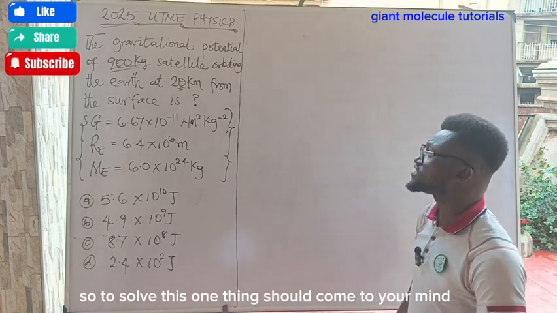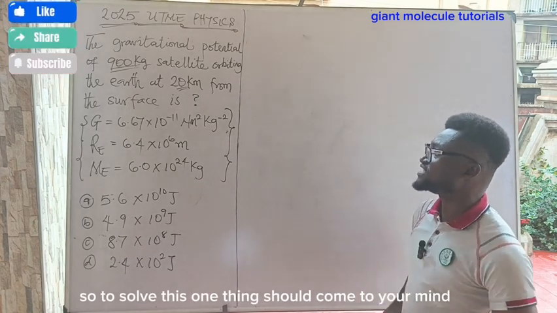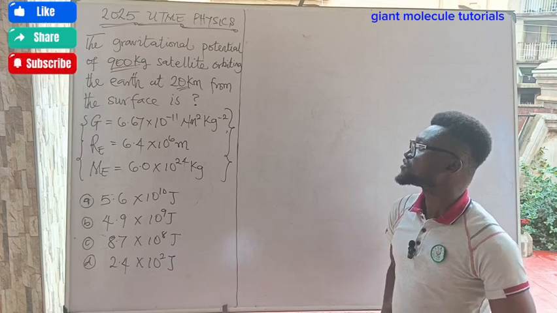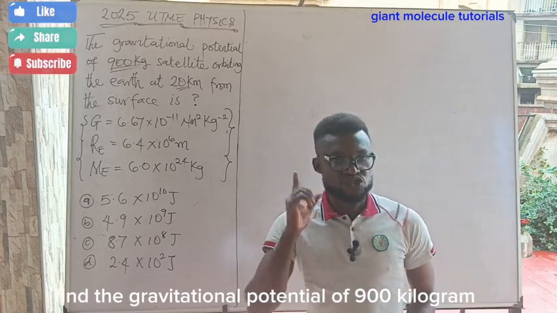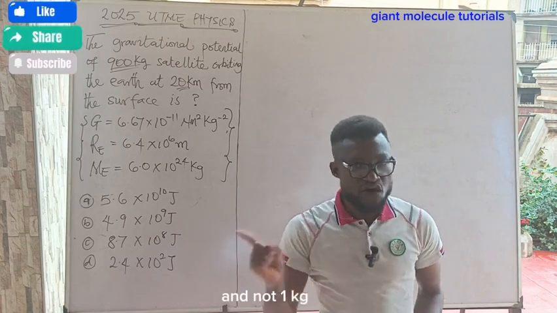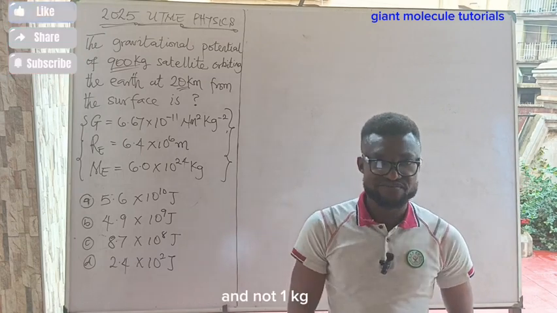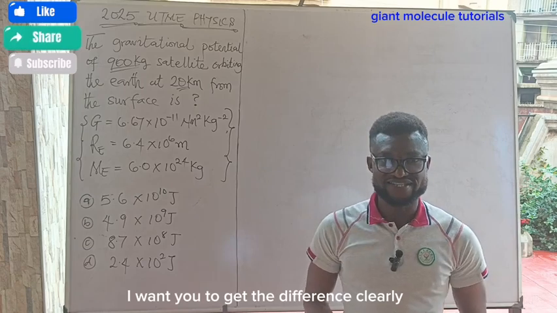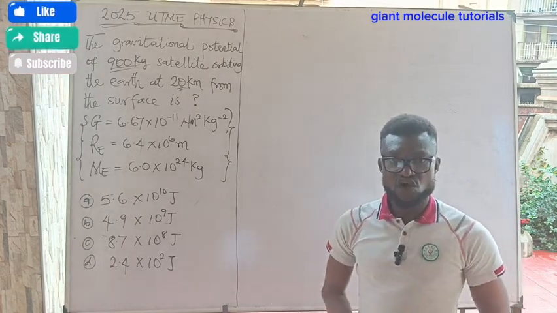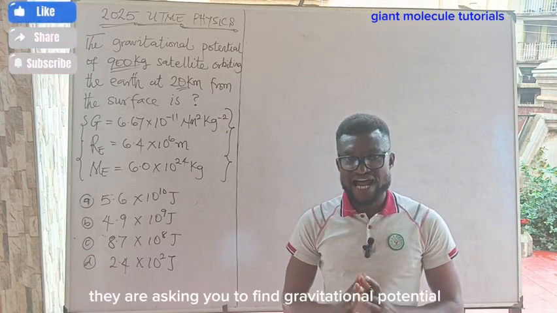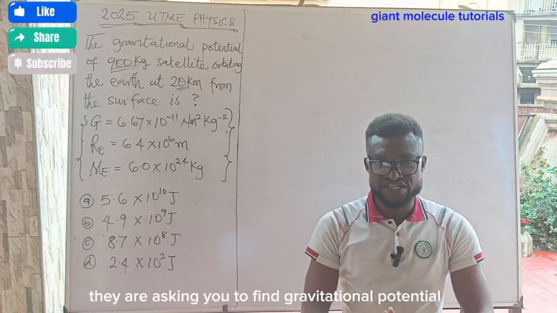So to solve this, one thing should come to your mind is the question that was asked. The question says, find the gravitational potential of 900 kilogram and not 1 kilogram. I want you to get the difference clearly. If you are asked to find gravitational potential of 1 kilogram, they are asking you to find gravitational potential.